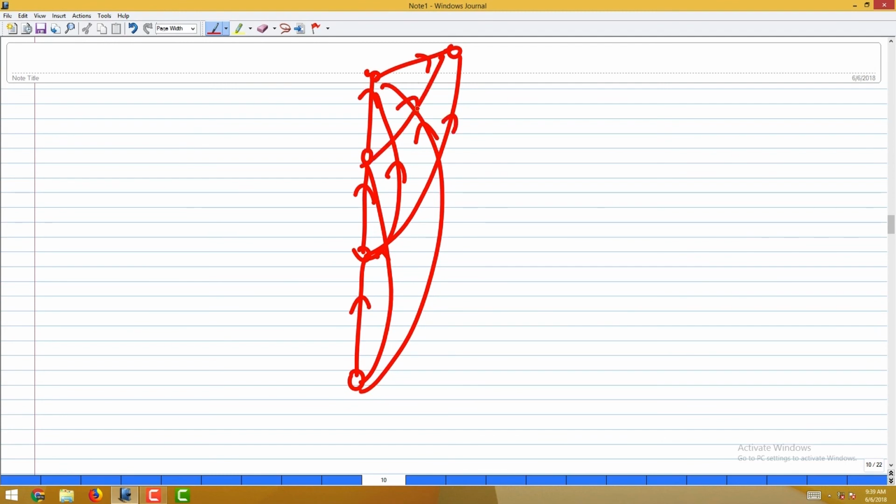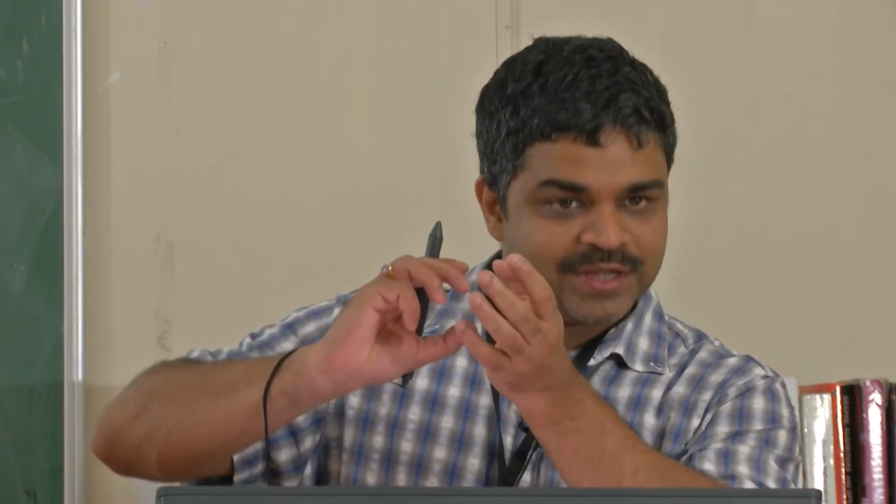Because of transitivity it becomes a clique. Do you follow what I am telling? Suppose you have a chain, then because of transitivity all pairs will be connected, because you have a path from anything to the other. So by transitivity you will have an edge between them. So that will form a clique.